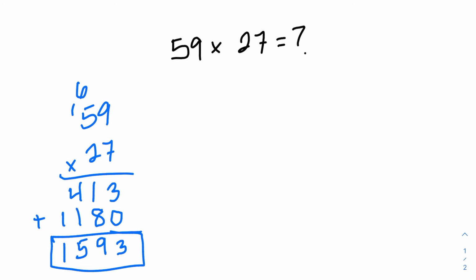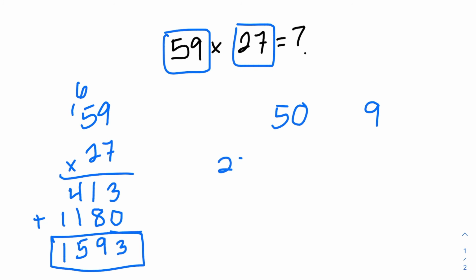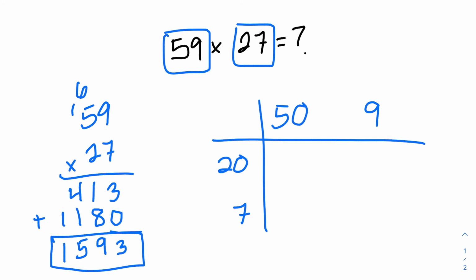Now let's take a stab at doing this the Common Core way. So here, we're going to break each of these up. So first we'll start with 59. We have a 50 and a 9. And then for 27, we have a 20 and a 7. And so now we're going to have 4 boxes.